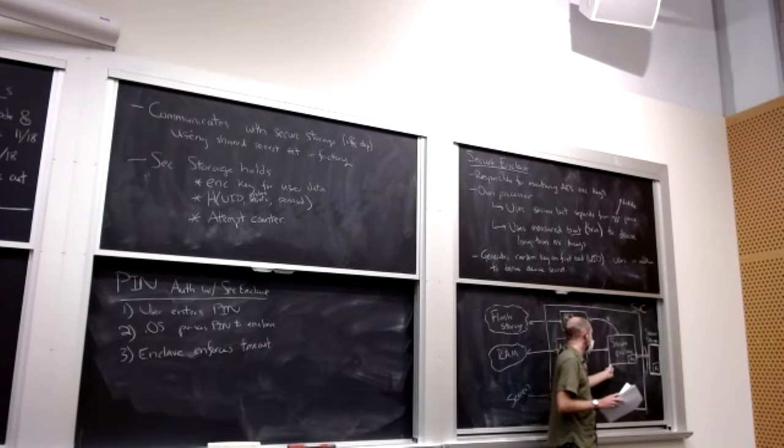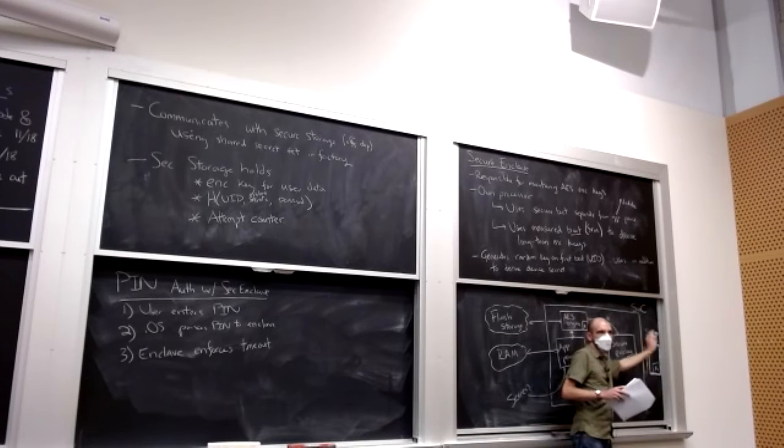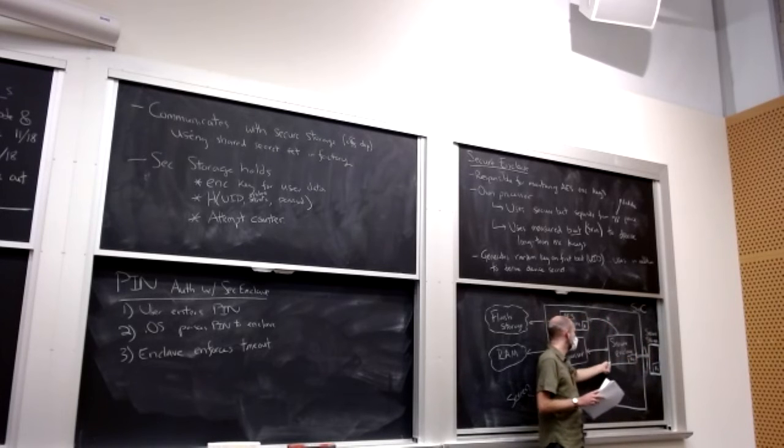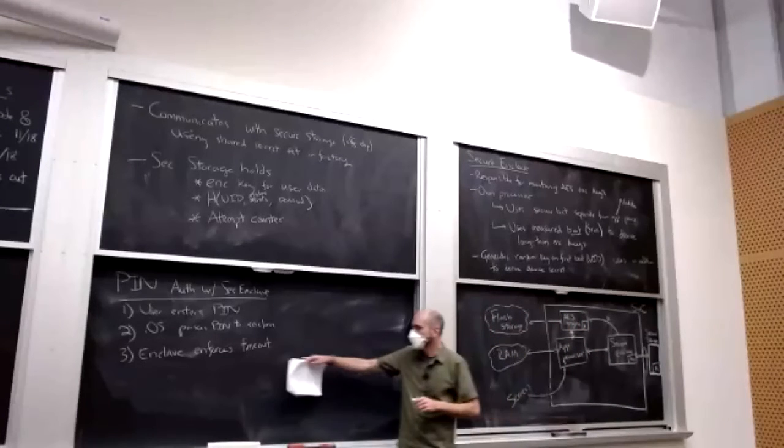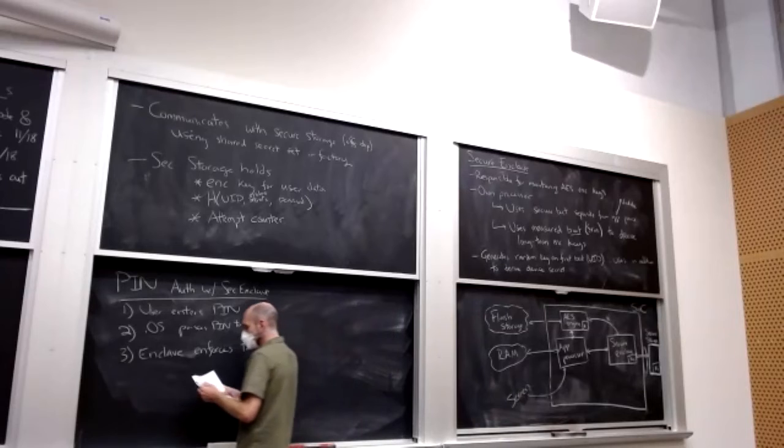The secure enclave will run its clock for whatever, 30 minutes if you're supposed to have a 30-minute timeout. And once it runs 30 minutes, it'll set the bit in secure storage that says I waited long enough. And if you reboot the phone, this timer is going to start over. So this is how, even if you power off and power on the phone, you can't speed up PIN guessing. So the enclave enforces some kind of timeout like this.